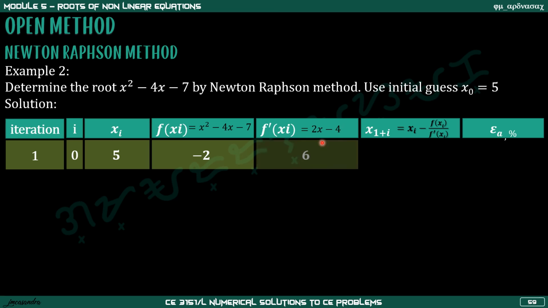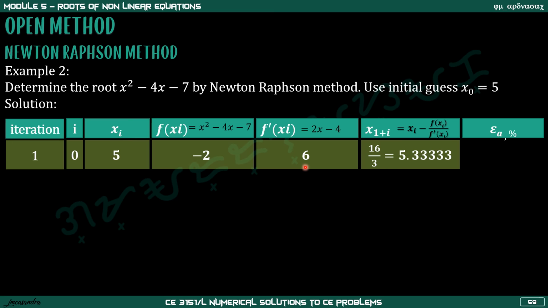So 2 times 5 minus 4 is equal to 6. So we'll now arrive for x sub 1 is equal to 5 minus negative 2 divided by 6, or that's 16 over 3, or a 5.333 value.